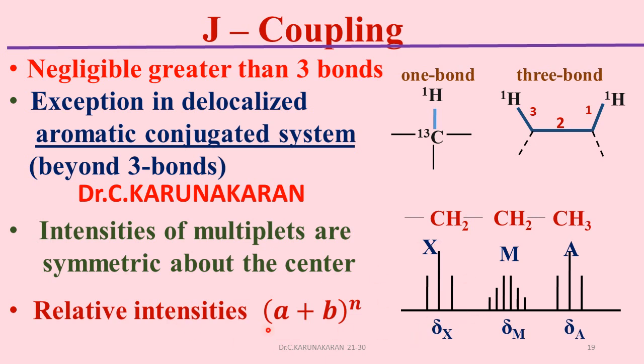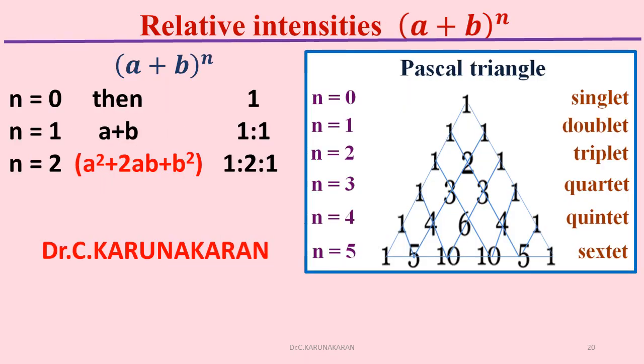The relative intensities of the multiplets, triplet or sextet, are given by the binomial expansion (a plus b) to the power n. We will see this in the next slide.